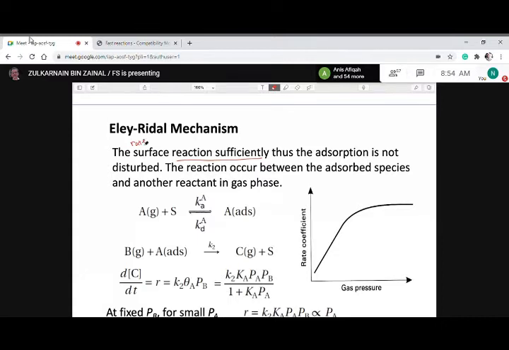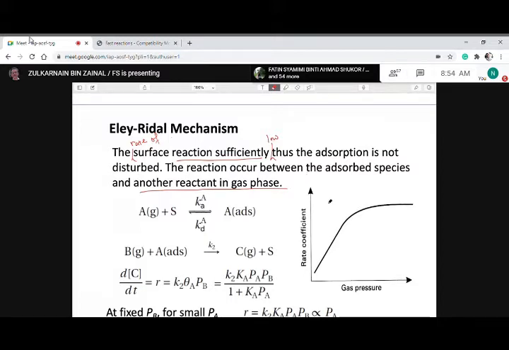So the reaction can occur between the adsorbed species and another reactant species in the gas phase.